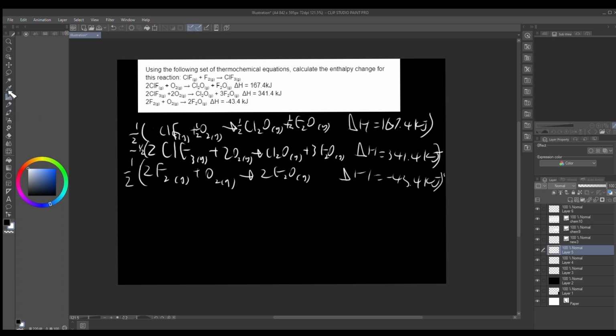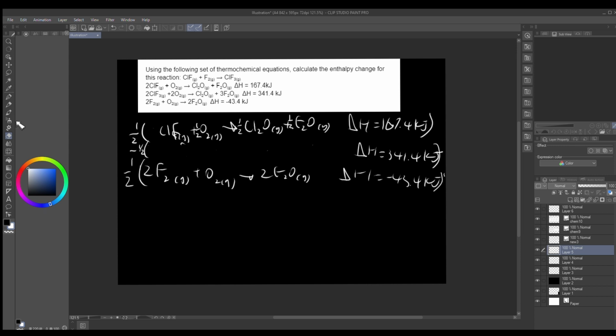And so here, on the next one, this one we have to rewrite completely. Just erase this real quick. Because when it's a negative, the products and the reactants actually switch sides.